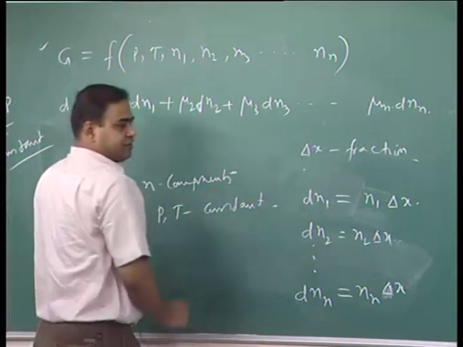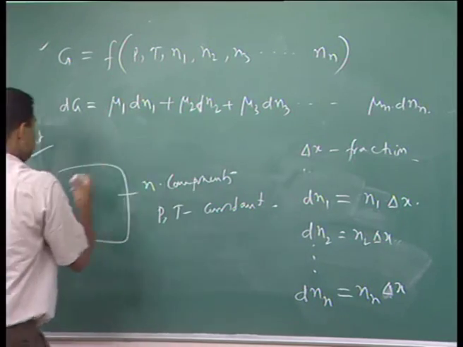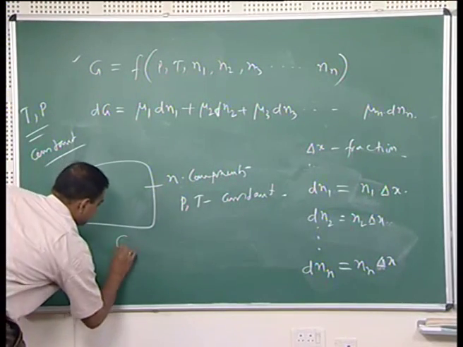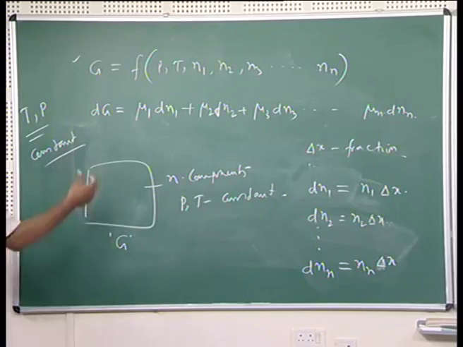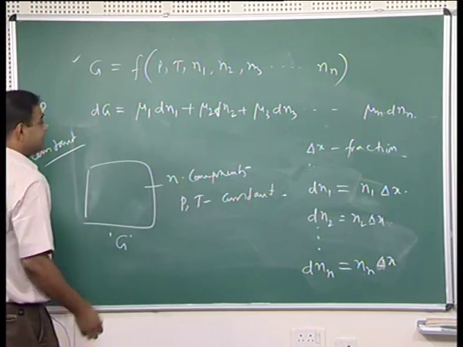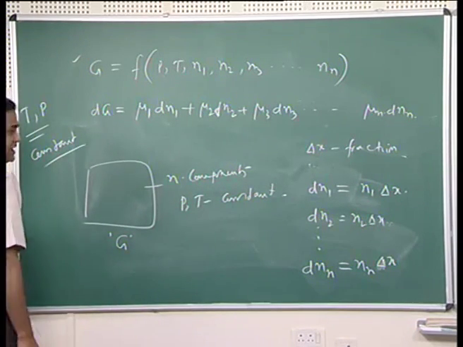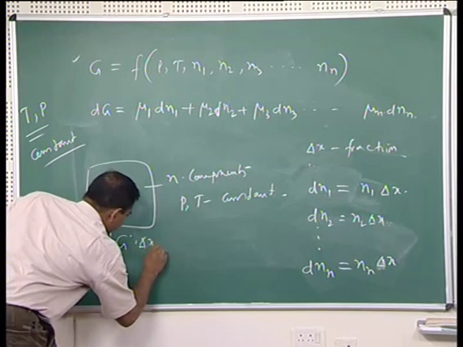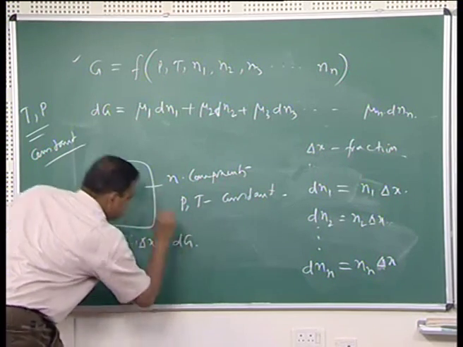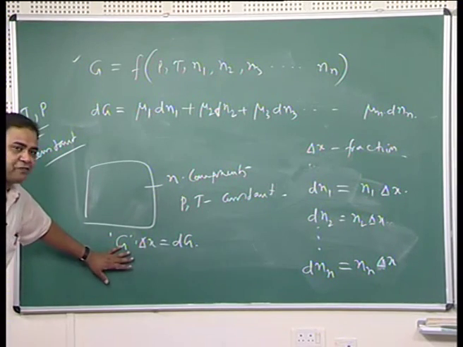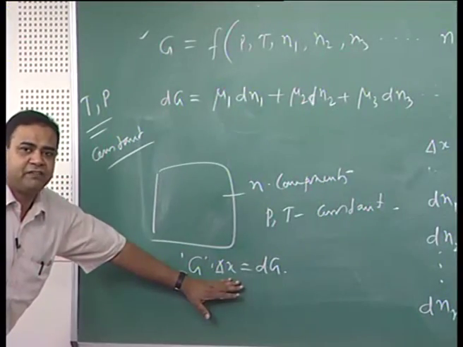If you have this, in the system initially the free energy was G, and if you have the same fraction of change, then what would be the del G? Del G would be the absolute free energy times the fraction change.